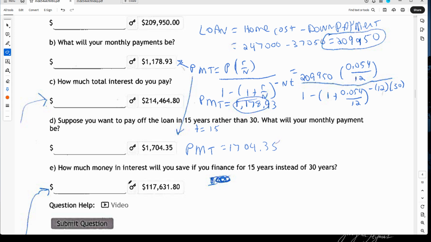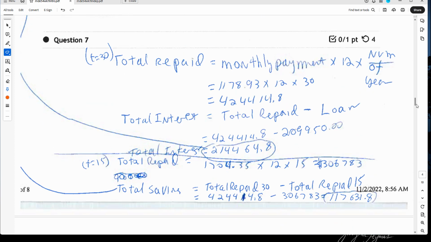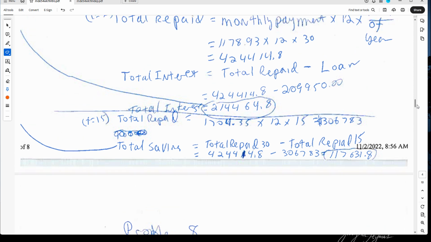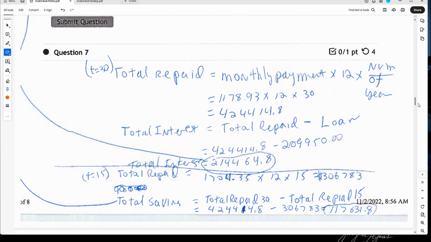How much interest you save would be the difference. Okay, so down here, the total repaid, monthly payment times 12 times 15, you end up paying $306,783.